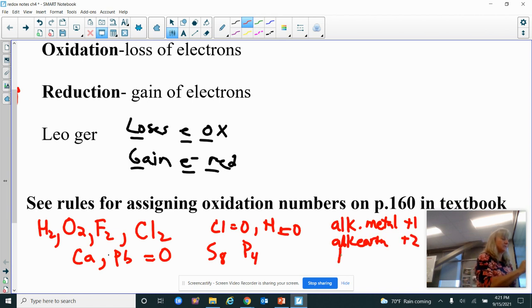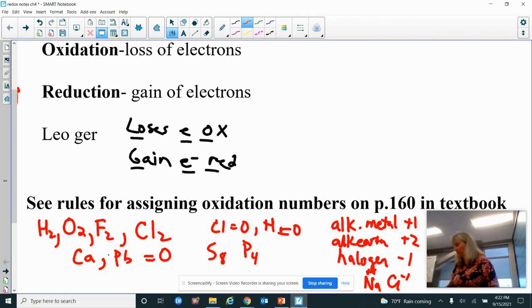The halogens as ions are -1. Those are their oxidation numbers too when they're in a compound or as an ion singly. So like in NaCl, the Na is +1 charge, that's also its oxidation number. The Cl is -1 charge, that's also its oxidation number. Okay, so we've had that before.